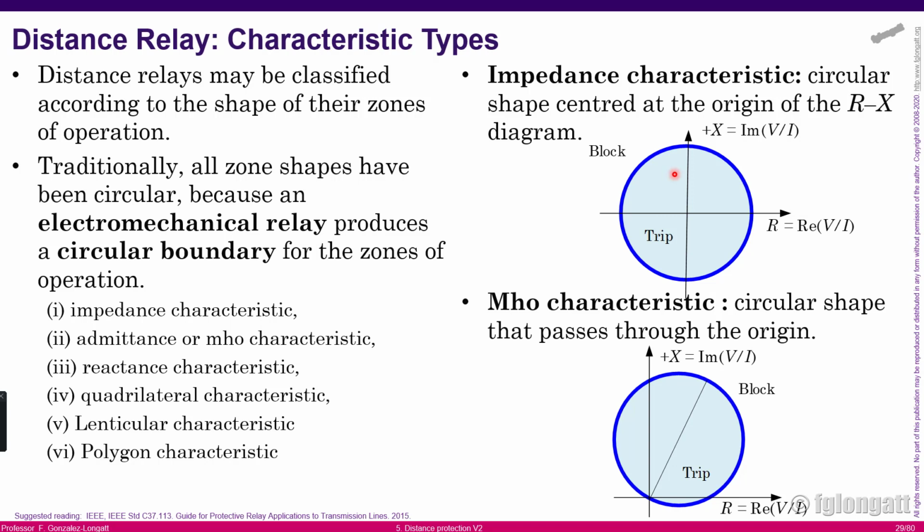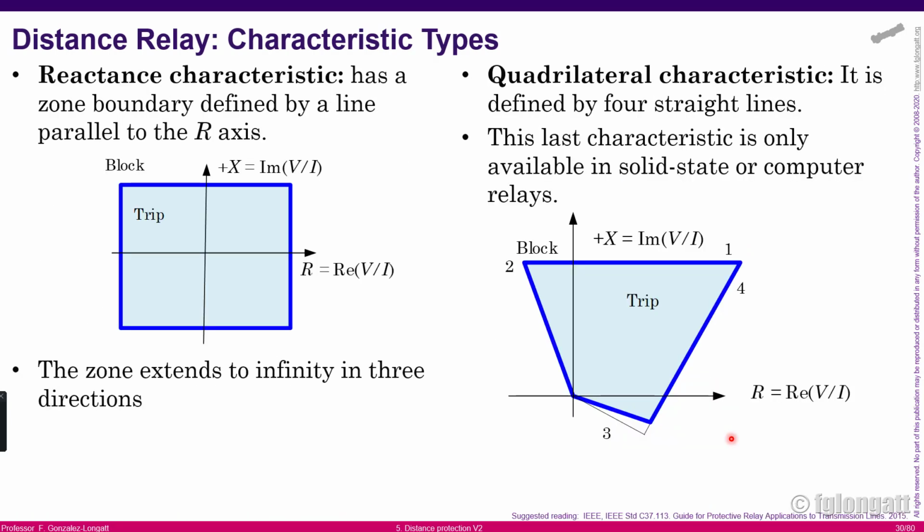In this case, the circular shape of the relay characteristic is passing by the origin of the RX plane. What is the idea of this characteristic? If you have some load conditions here or some load conditions there, you use a mho characteristic and you will separate, or put some impedance distance between, the load conditions and the operating characteristic of your relay.